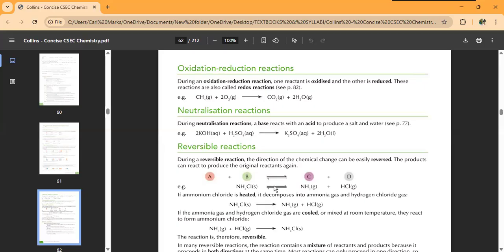At no point would you find all the reactants being converted to products, nor all the products being converted to reactants. To some degree, you have both reactants and products being formed in this reaction.